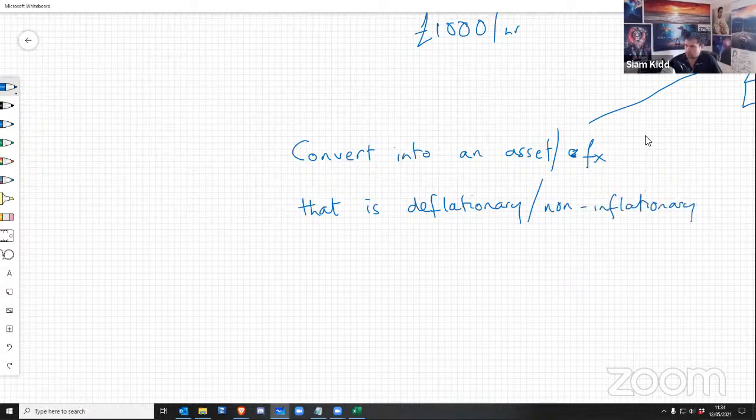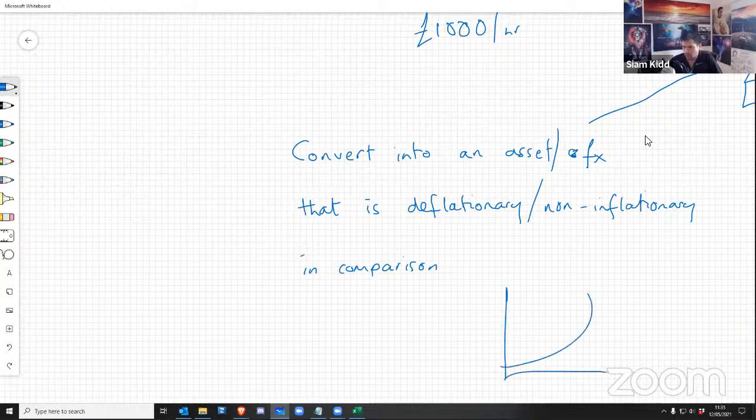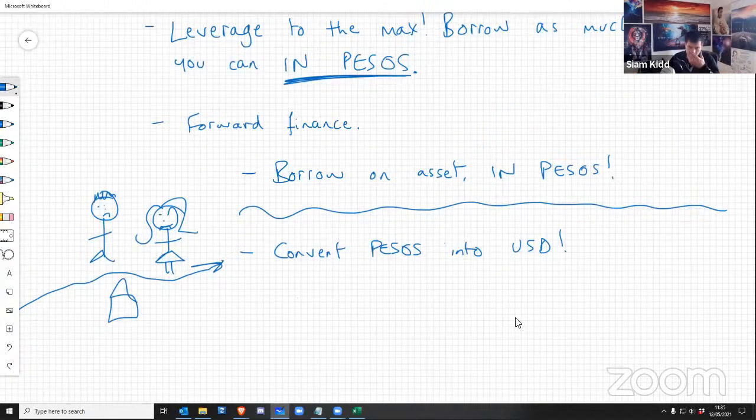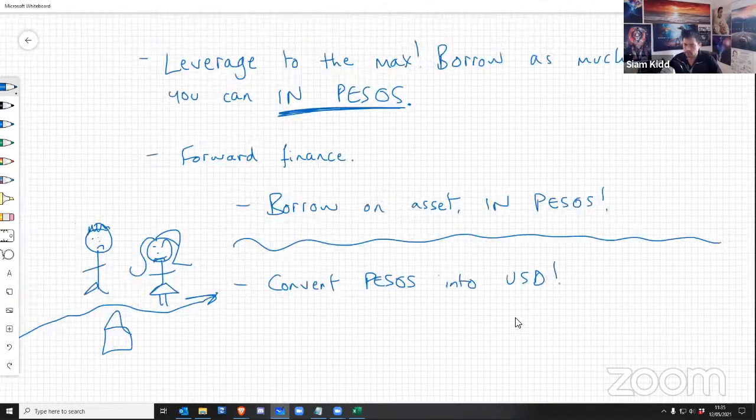Inflationary in comparison, okay? Now, we all know the dollar is being printed away like this, but if the Argentinian peso is being printed away like this, the US dollar is going to be a much better place to have your wealth than the peso. Ideally, find something better than the dollar, because the dollar is doing exactly the same as the peso, just a bit slower. So you need to convert into dollars, or, as I said, something non-inflationary.